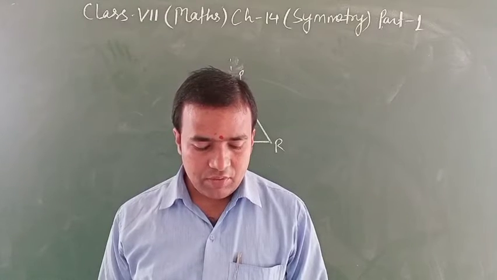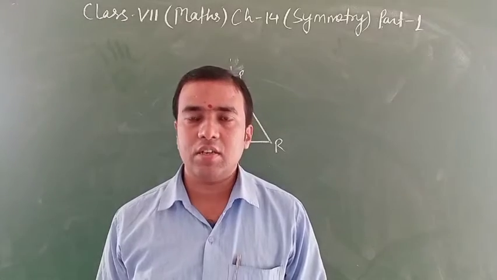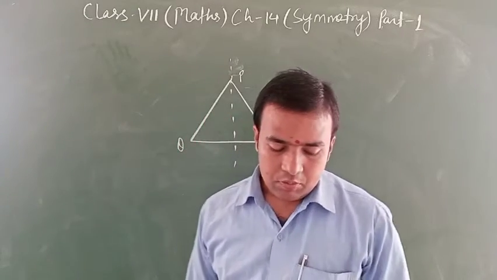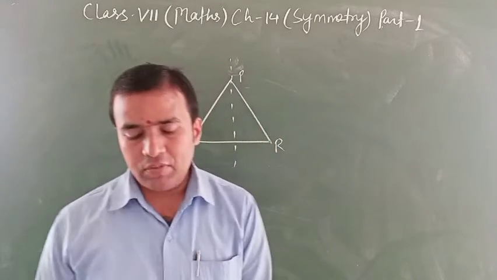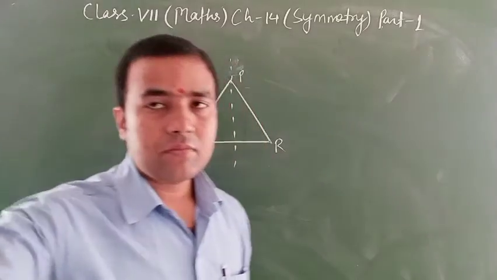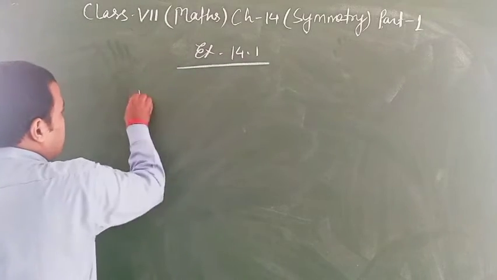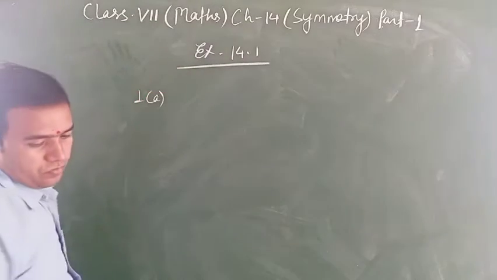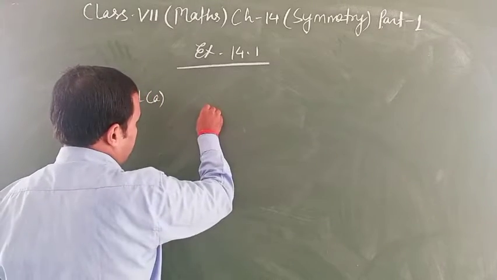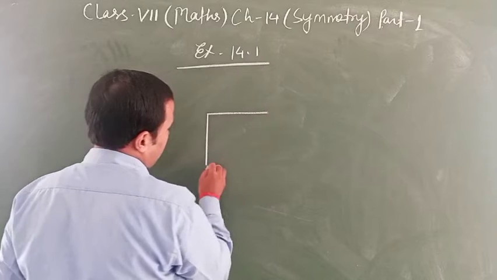There are so many figures given. First is A, given in square form.